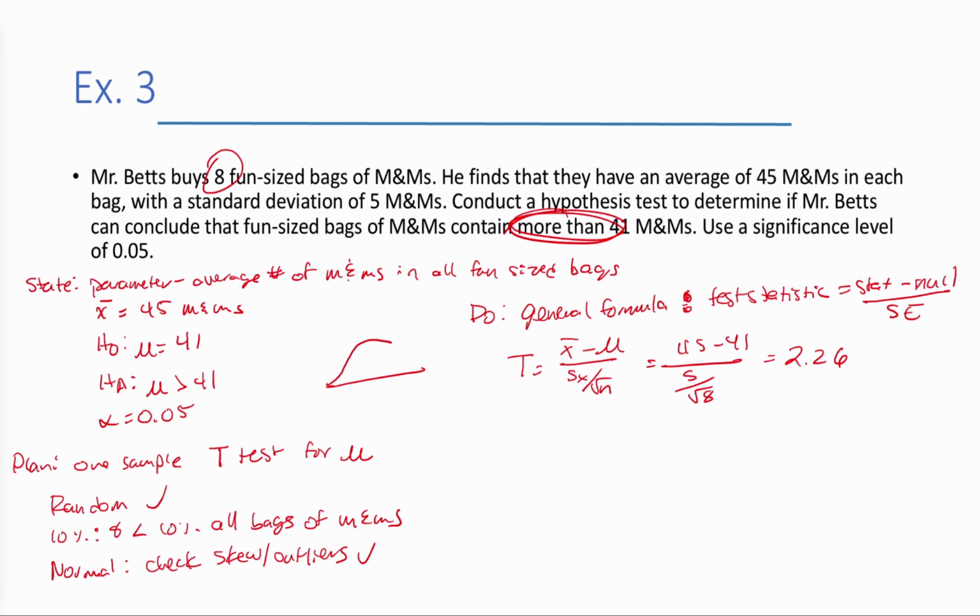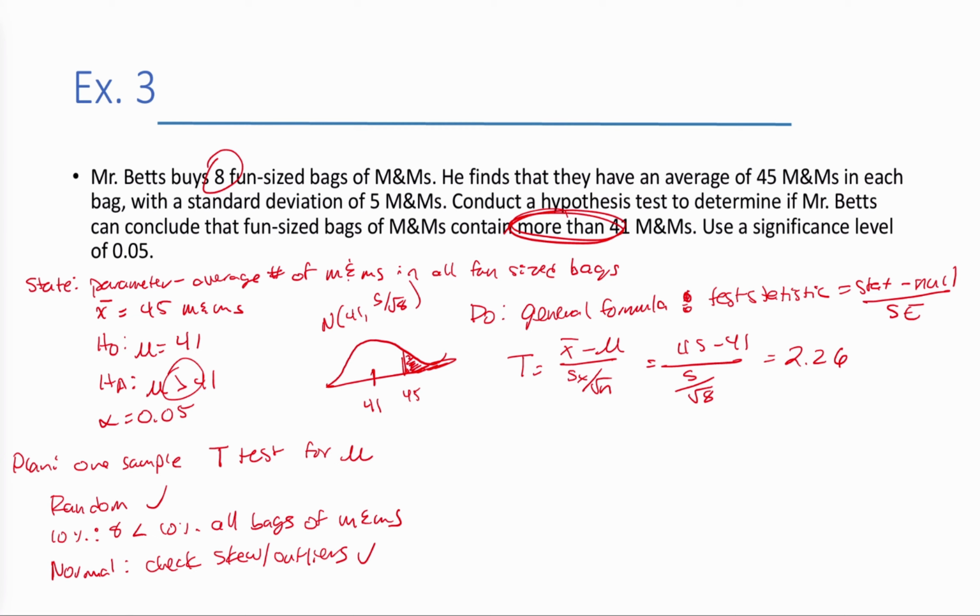This is a one-tailed test because our alternative is that mu is greater than 41. So if the mean is 41, what's the probability of getting 8 bags with a sample mean of 45 or greater? This is a normal with a mean of 41 and a standard deviation of 5 over the square root of 8.